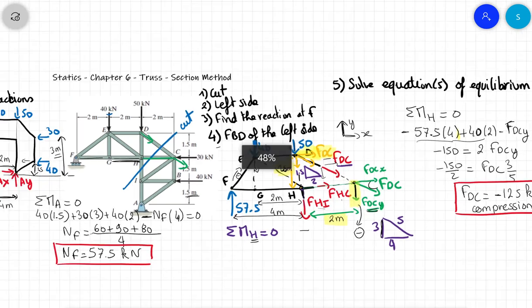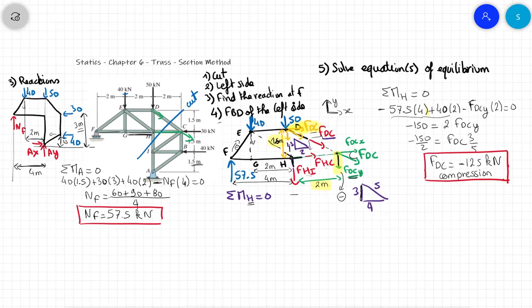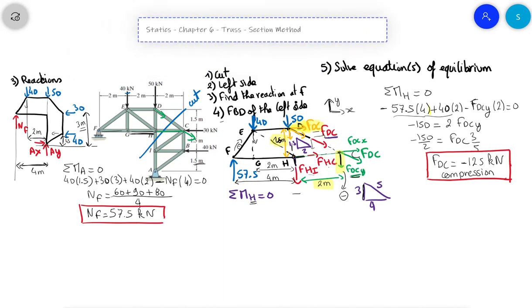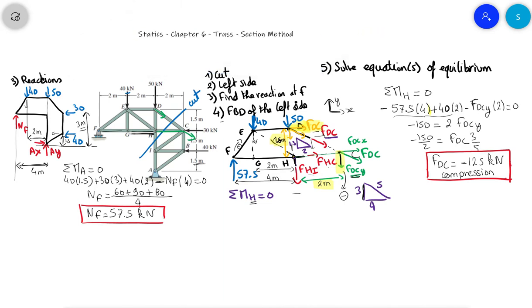So the key is really free body diagrams. They are so important, right? Free body diagram to find the reactions, and after the free body diagrams, you see, we just did 2 equations: sum of the forces, sum of the moment about A for the reaction at F, and sum of the moment about H to find FDC.